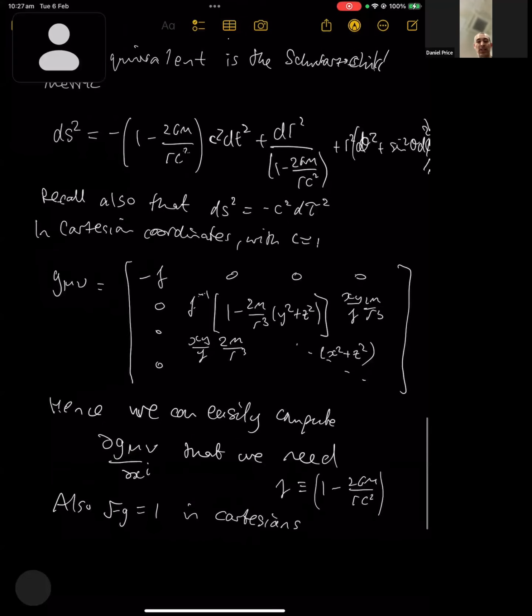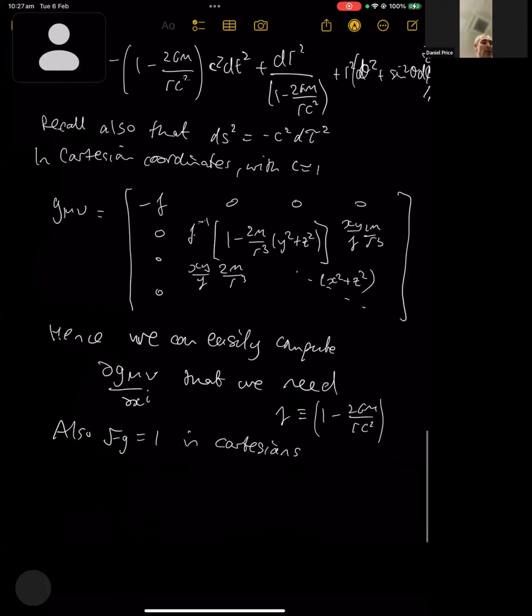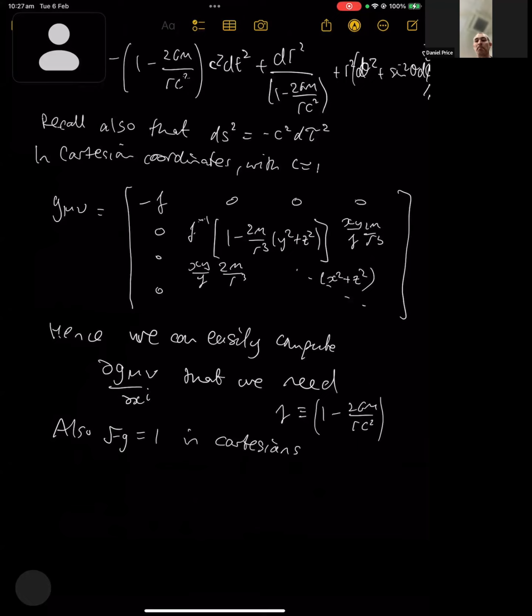That's just like saying, if I want to integrate over the volume, a density dV, then in Cartesians, that's equal to density dx dy dz, a triple integral.